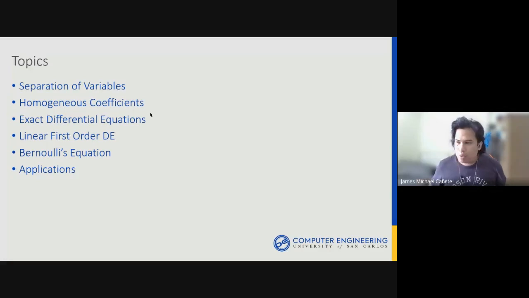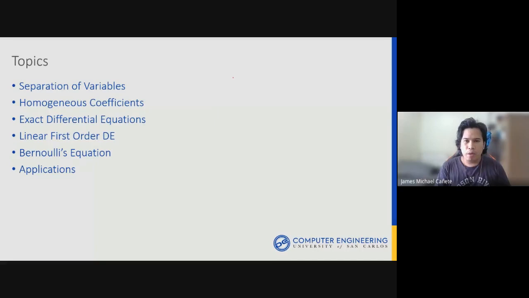At this point, to make it easier to follow along with the solutions, I hope you can open a table of common integrals. Here are some of the common integrals that you need to remember.